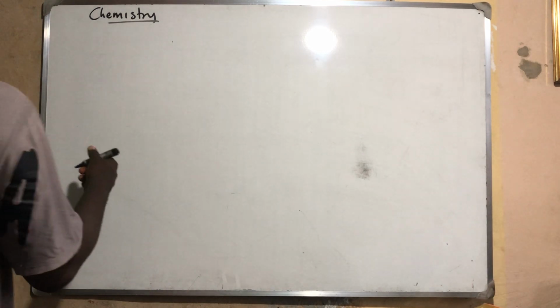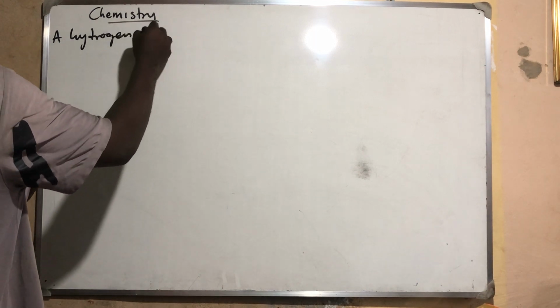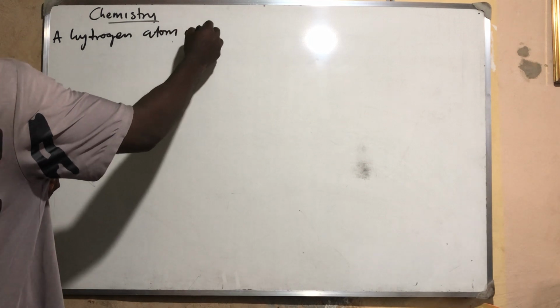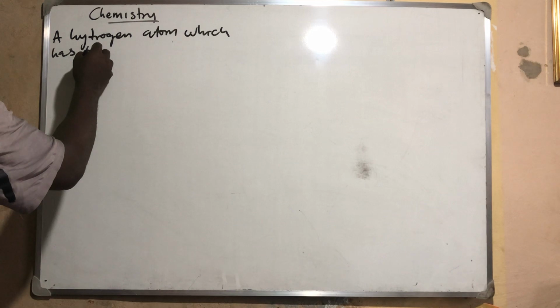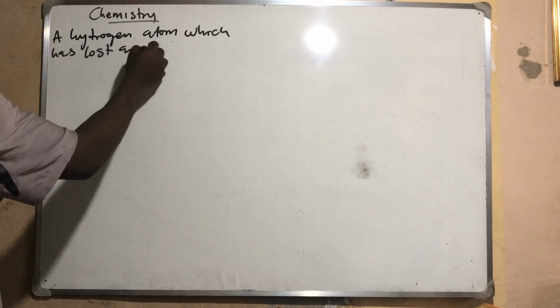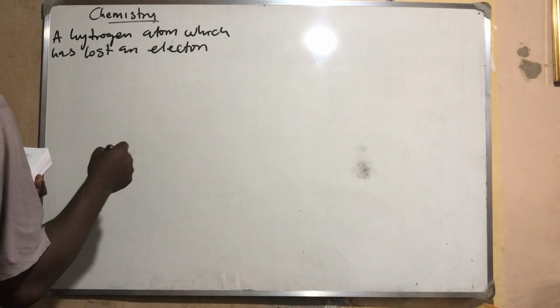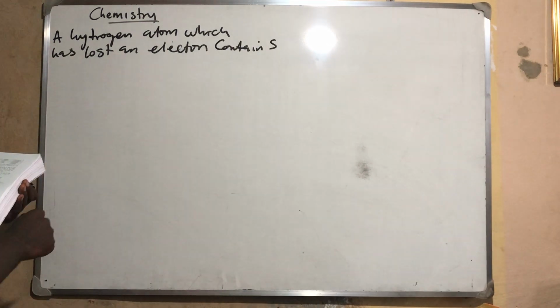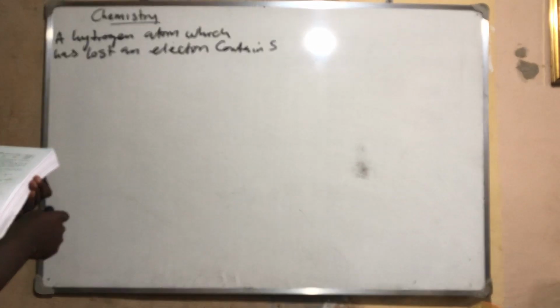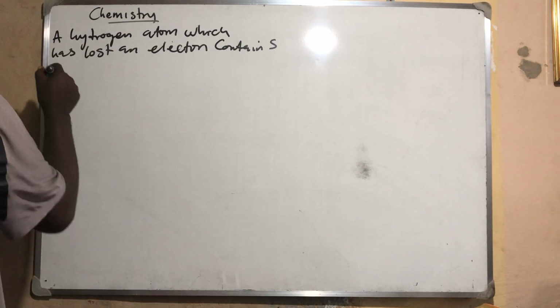So the next one said, a hydrogen atom which has lost an electron contains dash. Okay, let me write the options.